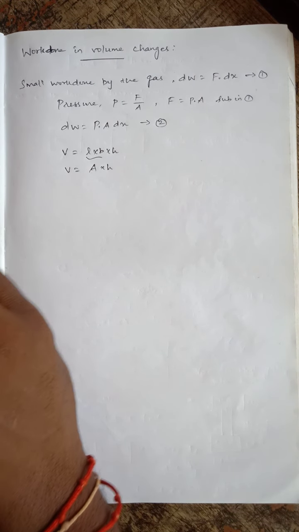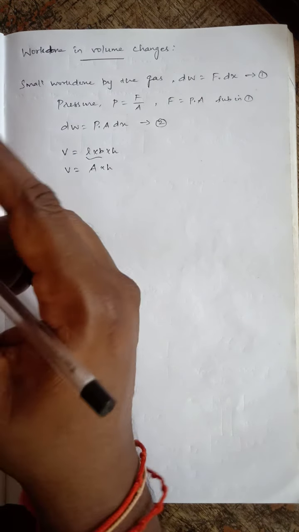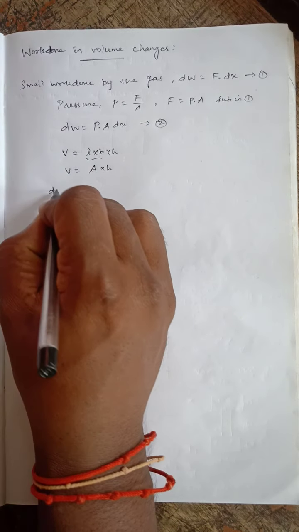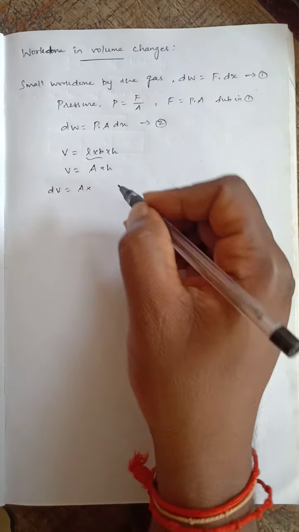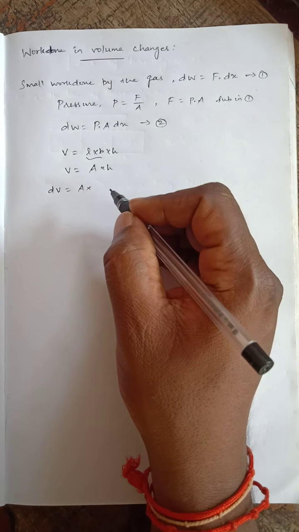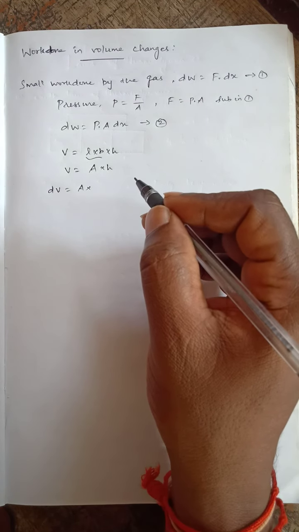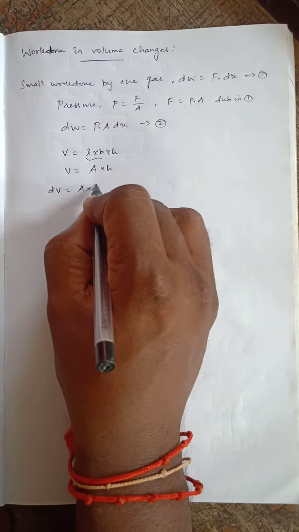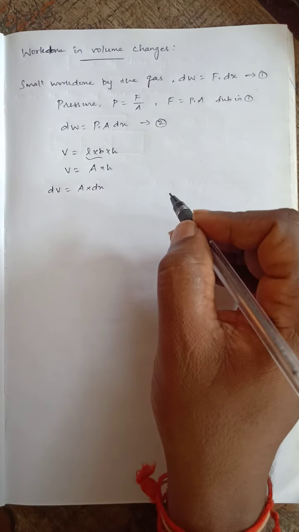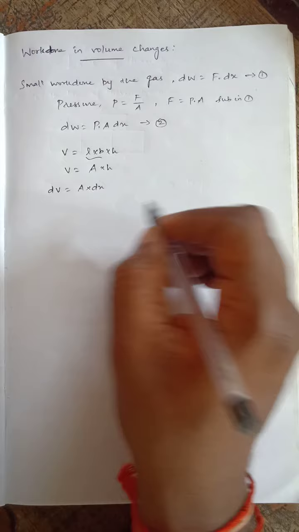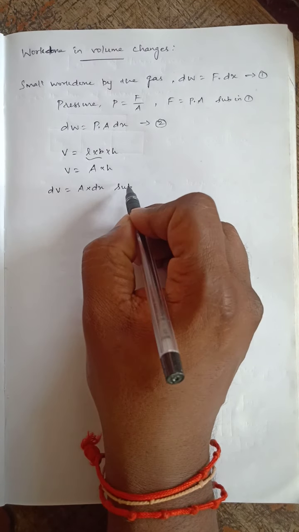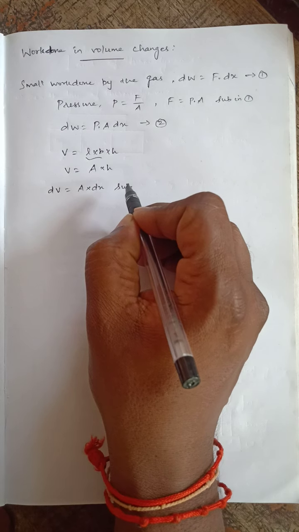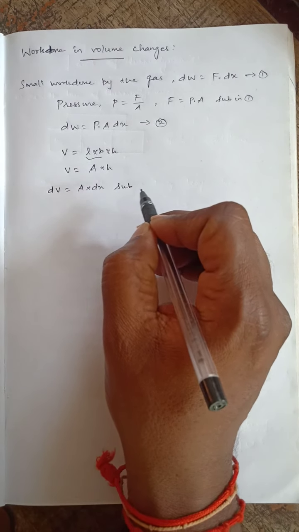But here the volume is increased by the gas, so the change in volume is equal to area times the distance moved by the piston, dx. I already showed the figure. So you can write dV equal to A into dx. Substitute this in the second equation.